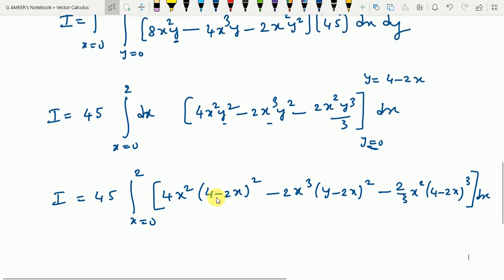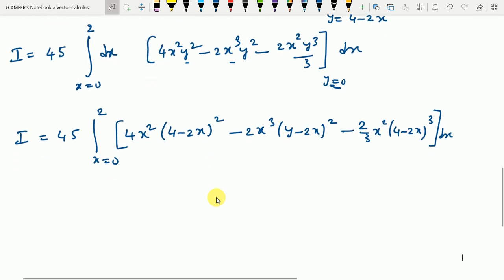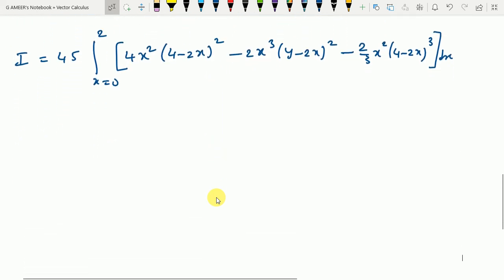Next, now just expand 4 minus 2x. Now we expand this.